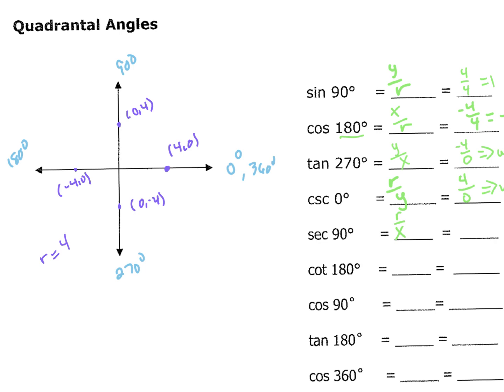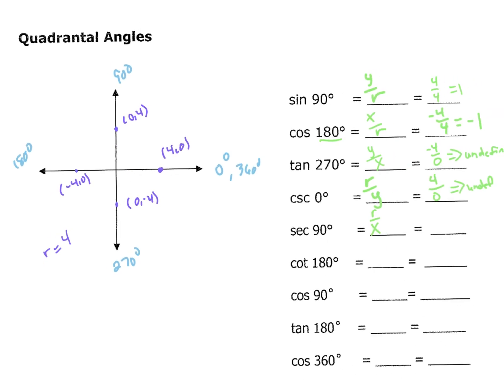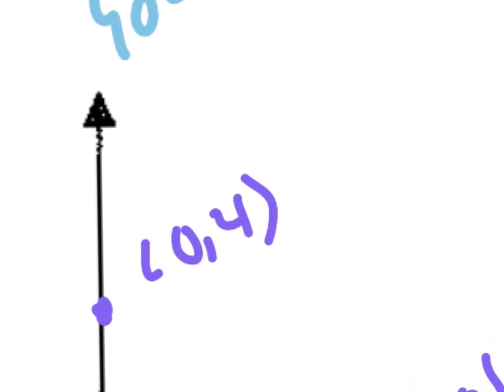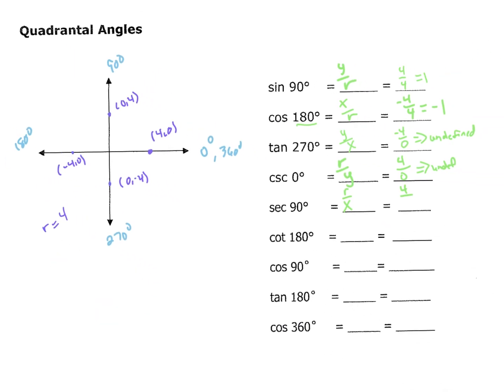Cosine is X over R, so we're going to flip it and do R over X. At 90 degrees, what are the numbers going to be for R and X? R is 4, and what's the X? Okay, so we get 4 over 0 again, we just get undefined again.